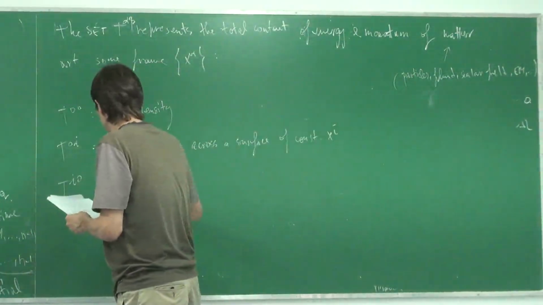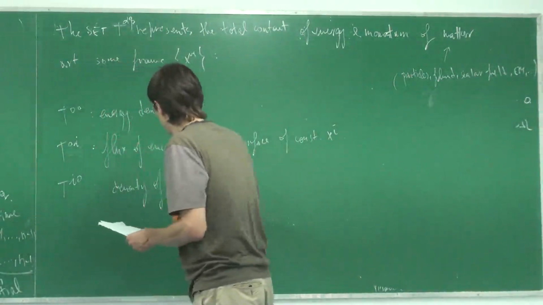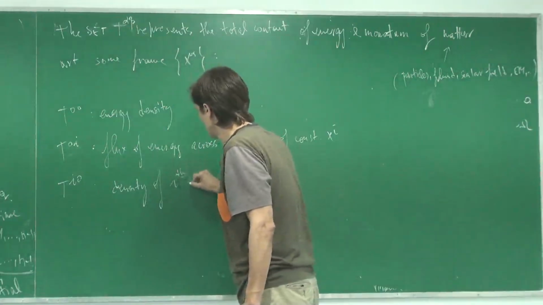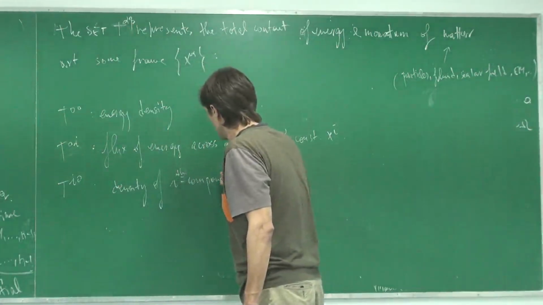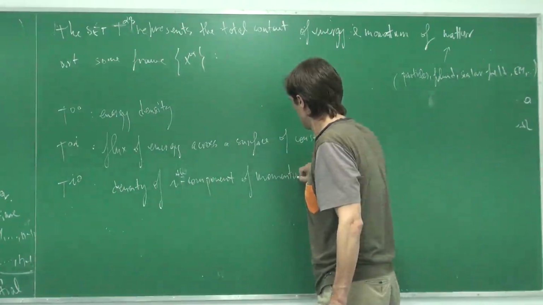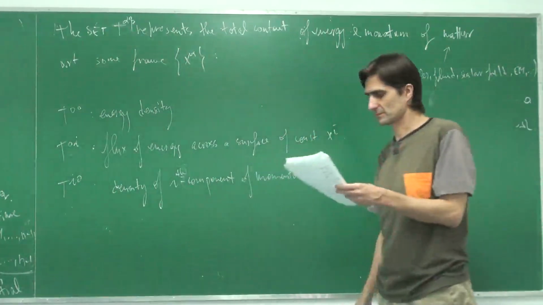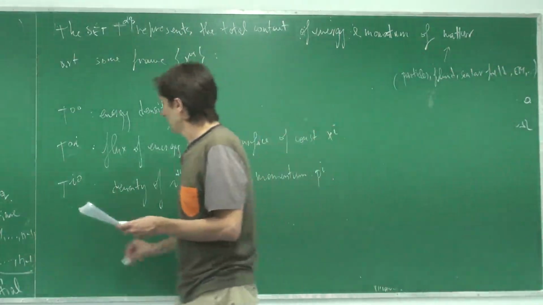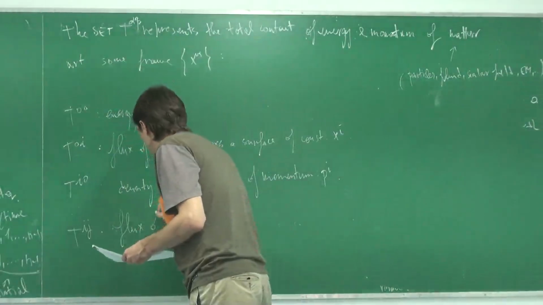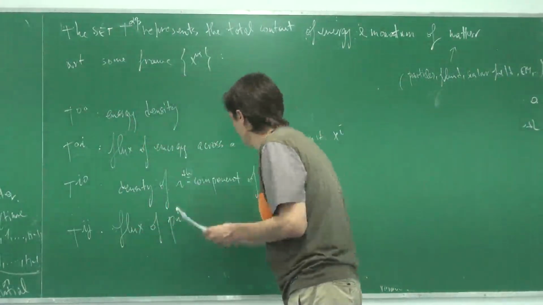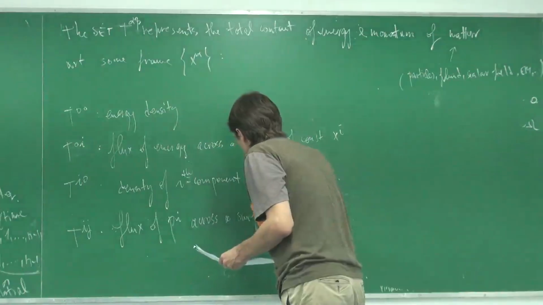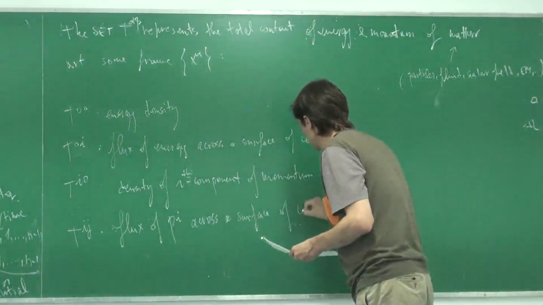Ti0 is the density of the i component of momentum pi, and Tij is the flux of that component of momentum pi across a surface of constant xj.